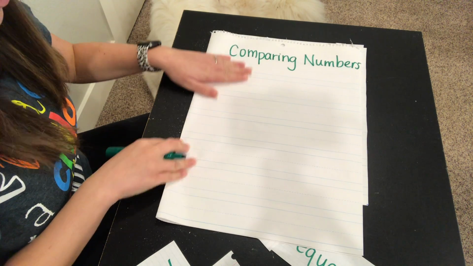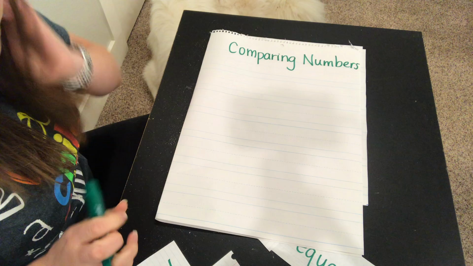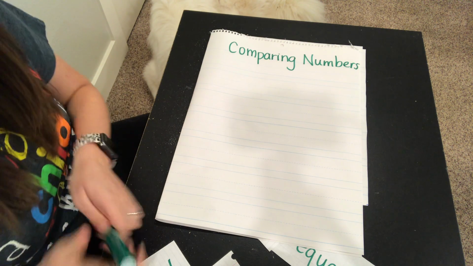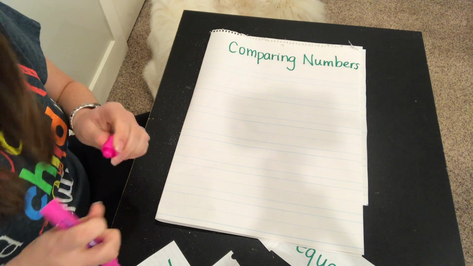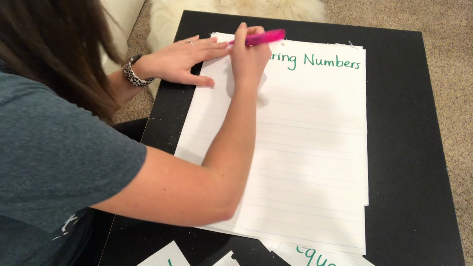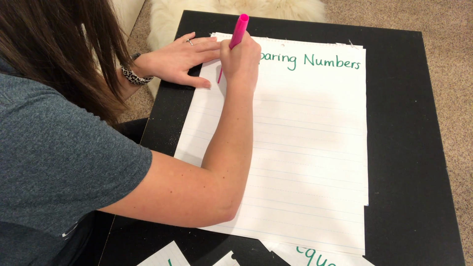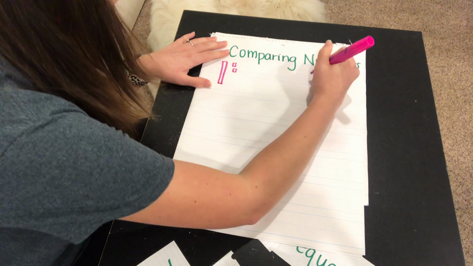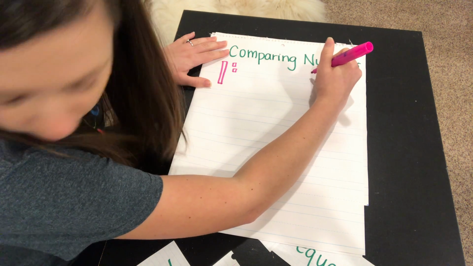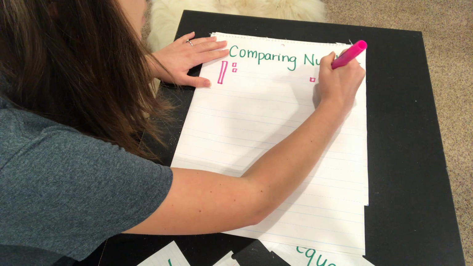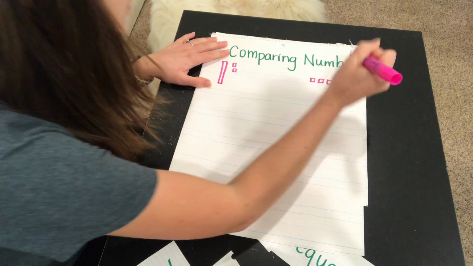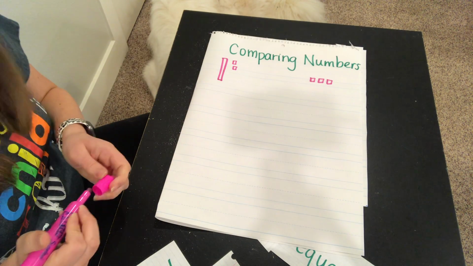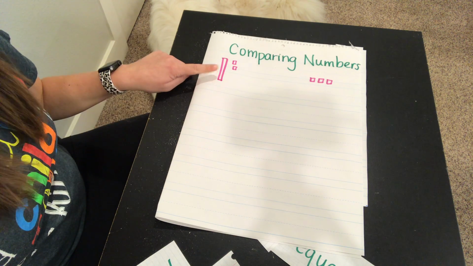So when we compare numbers, there are different words that we use to do that. So let me actually draw a few numbers out first for us. Okay, so here's a 10 and 2 ones. And then, what if we compare it with this number? Okay, so first of all, let's figure out what this number here is.